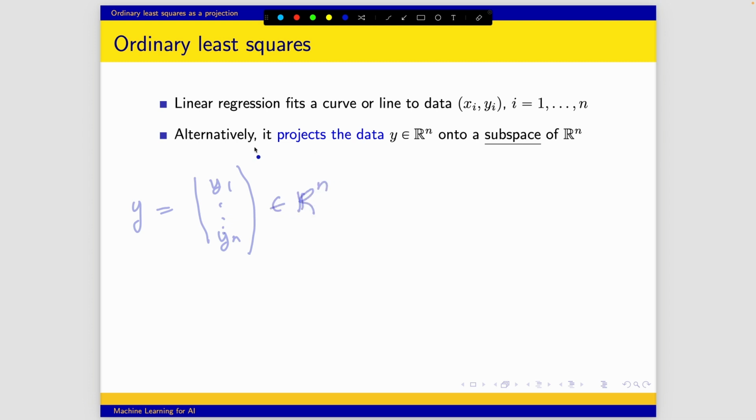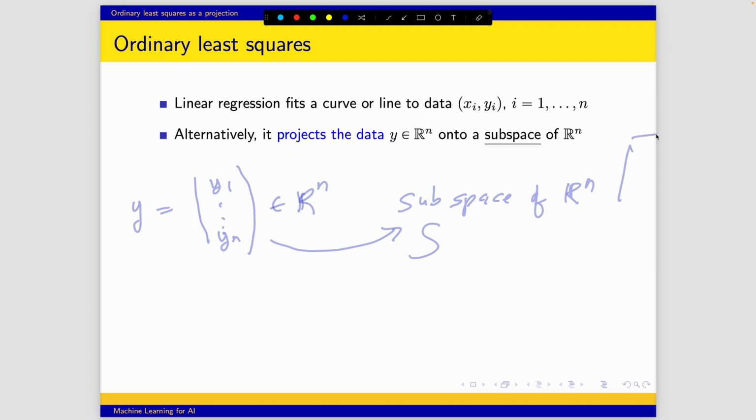We are now going to think of linear regression as projecting this vector onto a subspace of Rn. We're going to project this onto some closed subspace of Rn, call it S. So this lies in Rn, and we're going to project it onto some subspace of Rn, so only a portion of Rn.